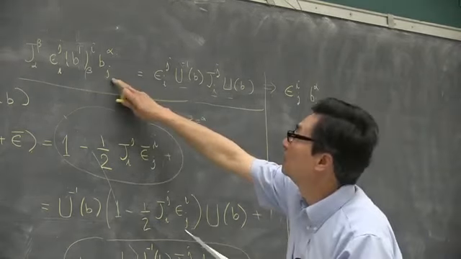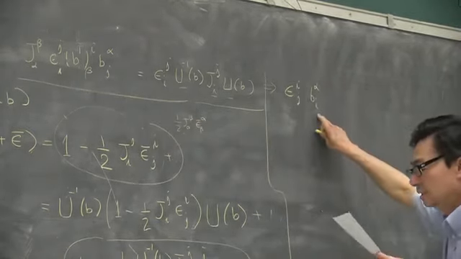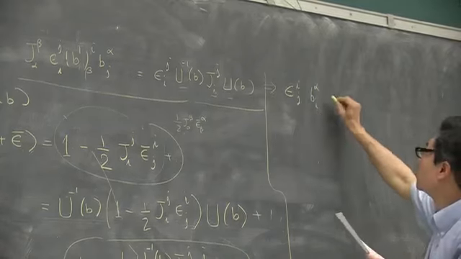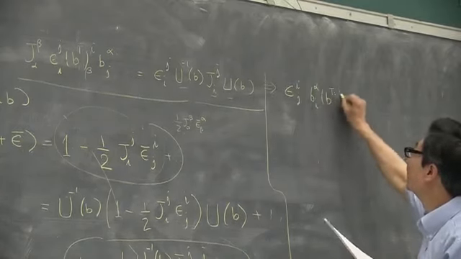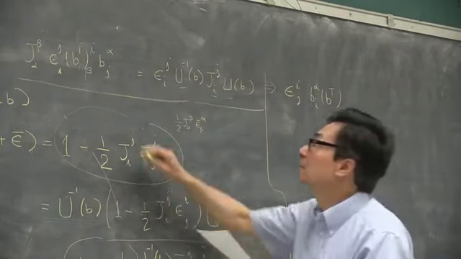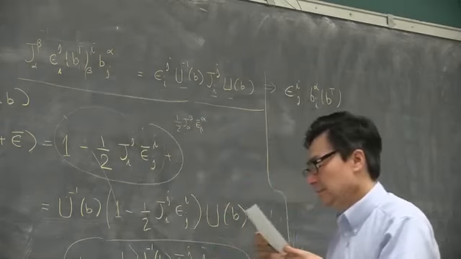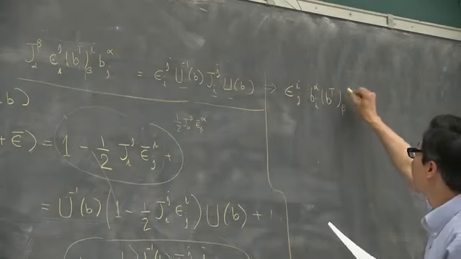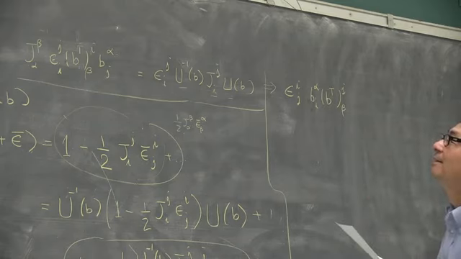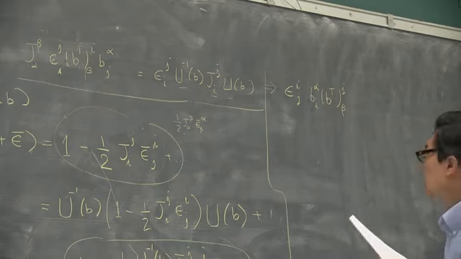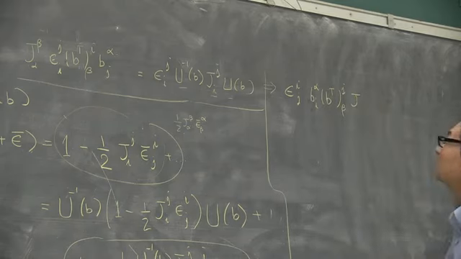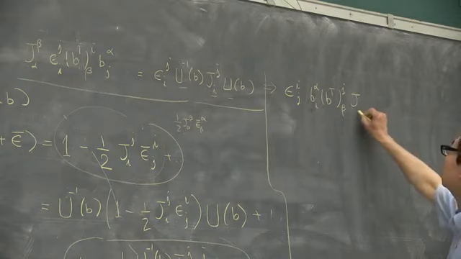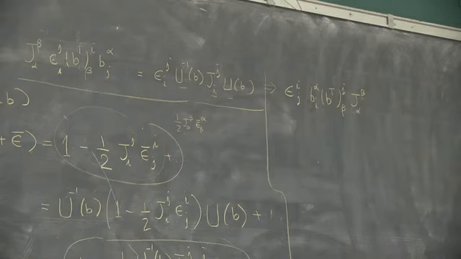So if I interchange i and j, it becomes B i alpha, times B transpose of, instead of beta i, I have beta j. You have to do these very carefully. And finally, it's a j alpha beta.